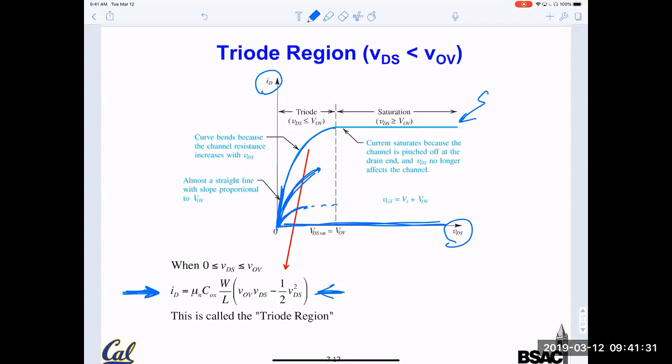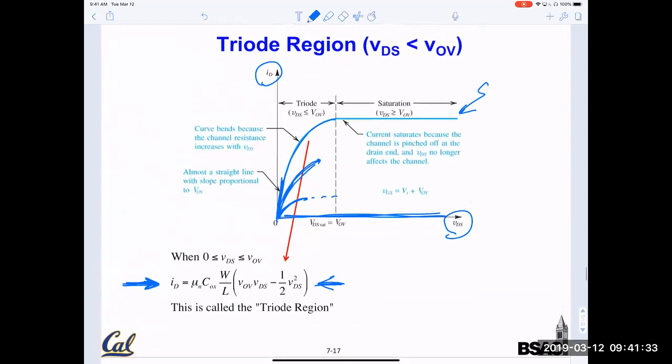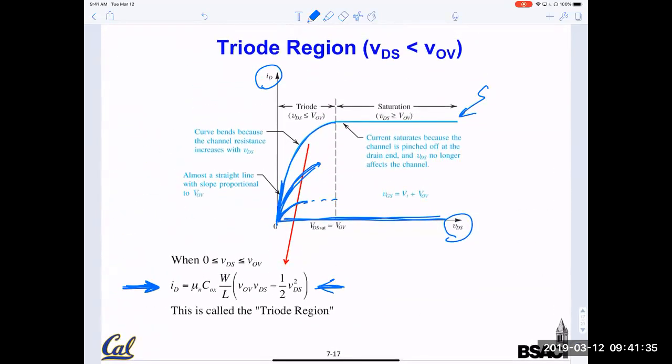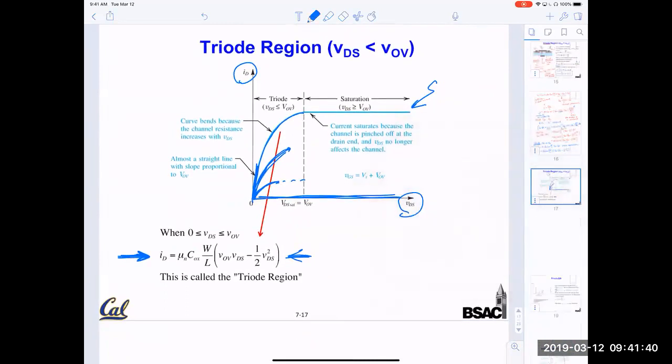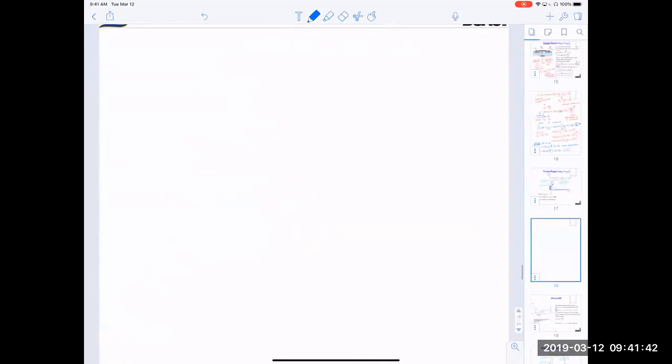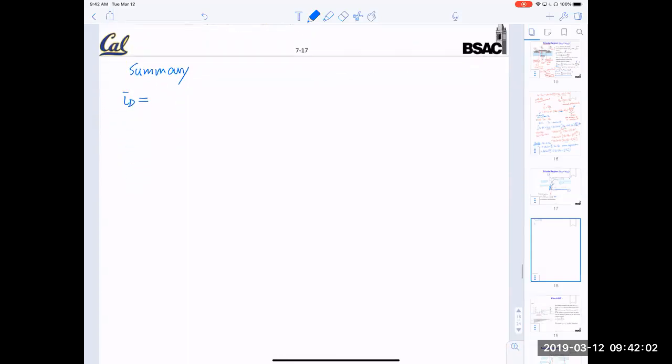So let me summarize what we have discussed so far. Okay, so let me do the summary here. So we have basically derived, which we will not redo here, the drain current of a FET, and it is expressed in the expression here.